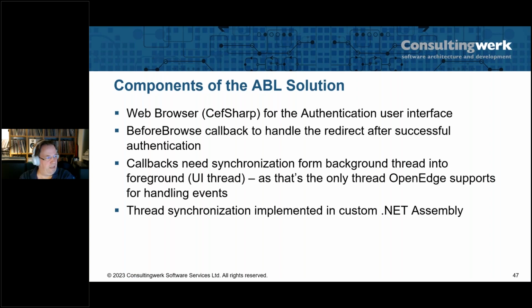So we handle that using the before browse callback provided by CefSharp. With that callback, we can read the URL that it's forwarding to, and part of that URL is the JWT token.